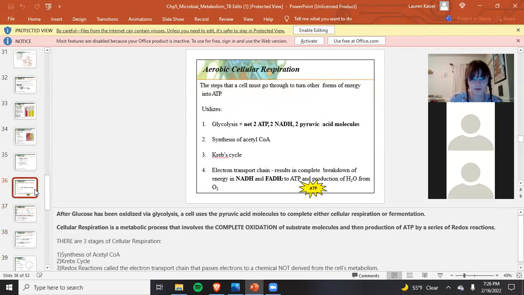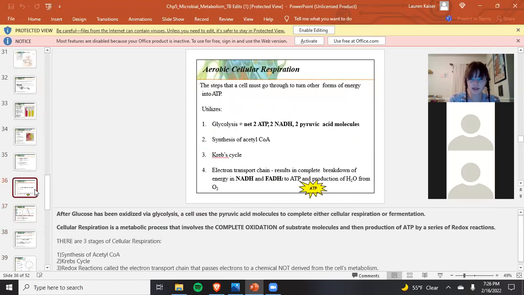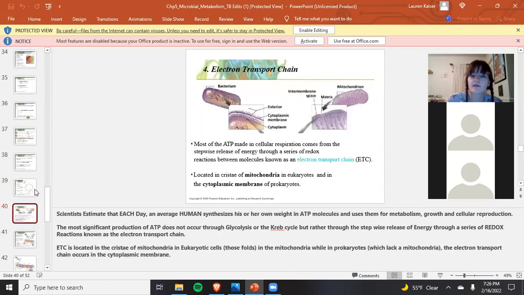Okay, here we are. So, right, we've gone through glycolysis. We've gone through the synthesis of acetyl coenzyme A. We've gone through the Krebs cycle, and now it's time for the electron transport chain. So, in bacteria, this happens in the plasma membrane.